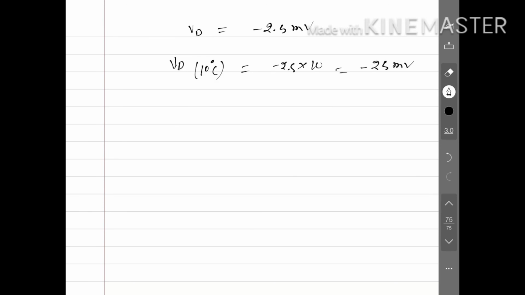Because for every 1 degree it changes by minus 2.5, and now it is given 10 degrees, so 2.5 into 10, which is minus 25. So the correct answer for this question would be 25 millivolt, and the minus sign indicates the decrement.